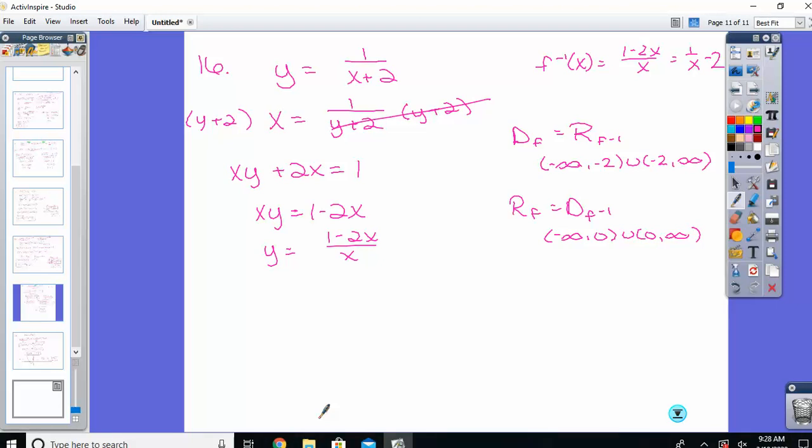I did also state on this one to graph it. You could certainly use a calculator for that if you needed to. The original would have a vertical asymptote at 2, and it's going to look like this.